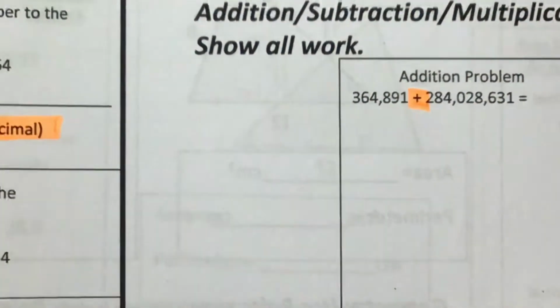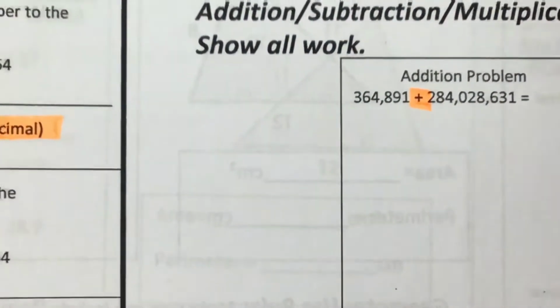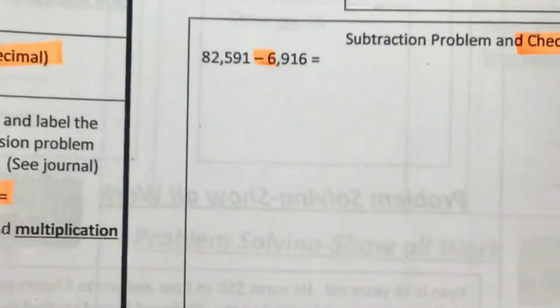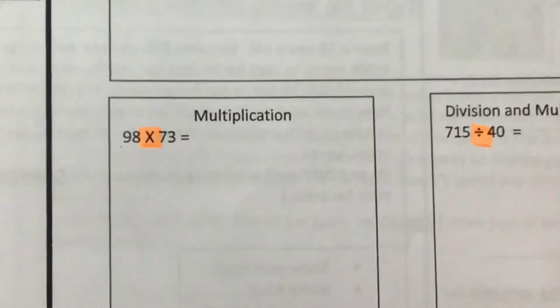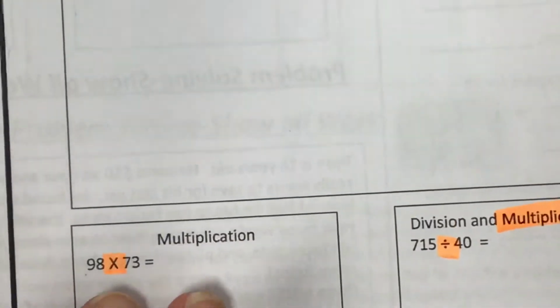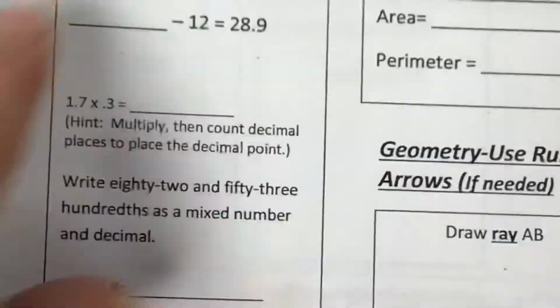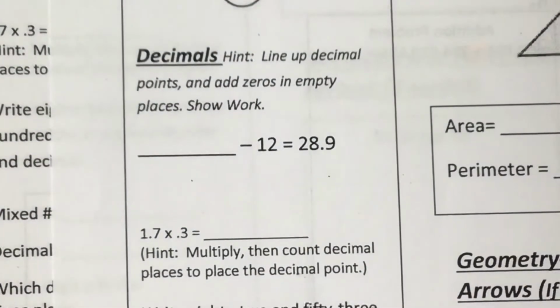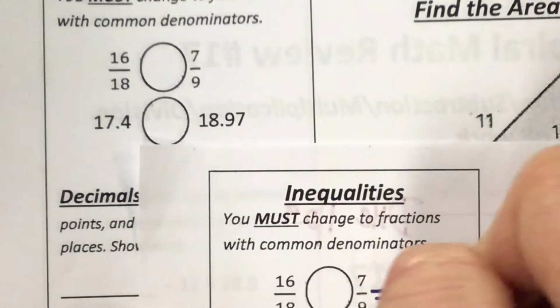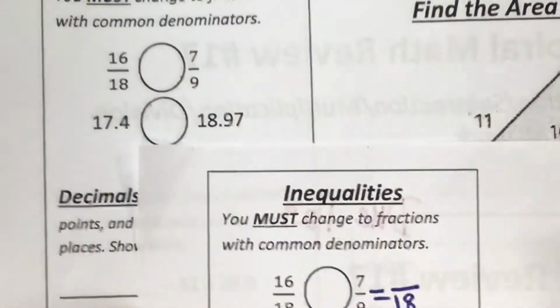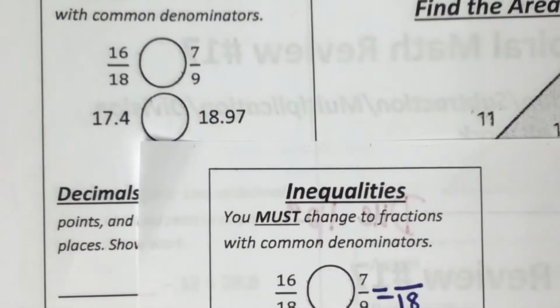Add, subtract, add back to check, multiply, divide, multiply back to check. Those are all pretty self-explanatory. Okay, let's not forget here on the fractions that we need to find an equivalent fraction with the denominator 18.